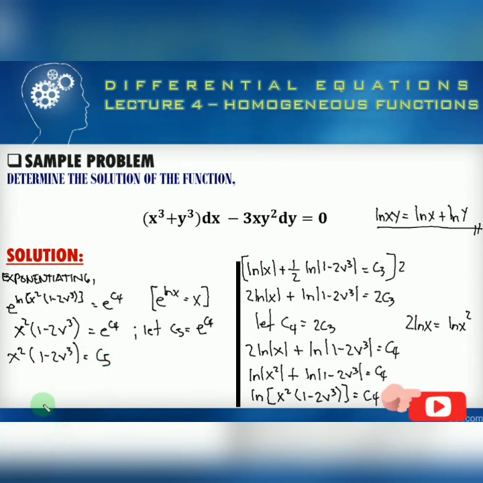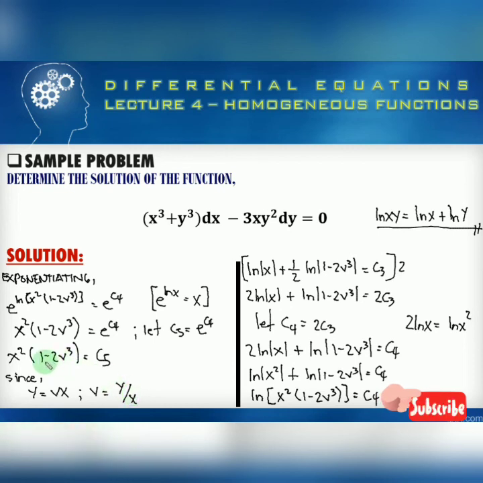Since we have y equal to b times x, our b is simply equal to y over x. So we can substitute b in terms of y and x.